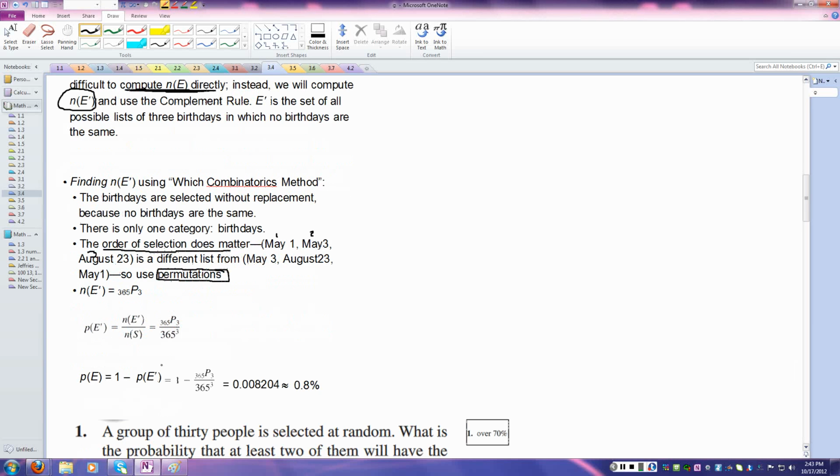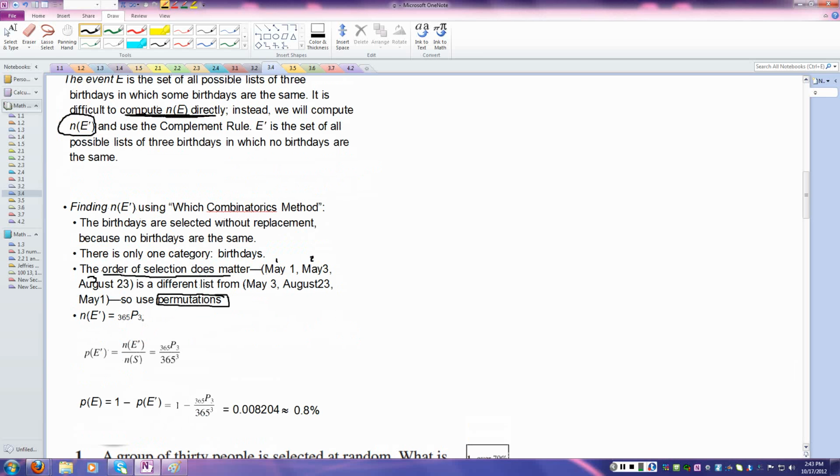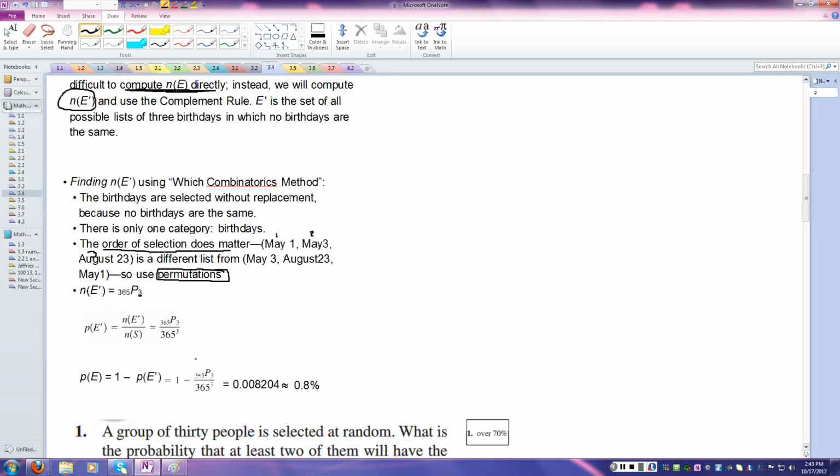So for this example with 3, I do 365 permutation 3 divided by 365 cubed, because that's the number of elements in S. That's the probability of E prime. So the probability of E is going to be 1 minus the probability of E prime.